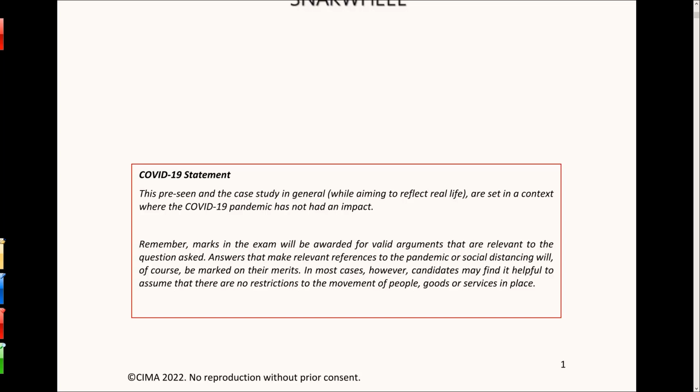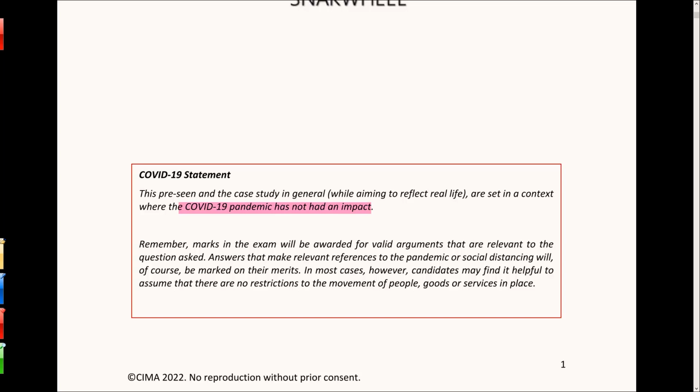But what CIMA really want to get across here is that this pre-seen and the exams are set in a context where this pandemic has not had an impact. So you shouldn't go into this exam assuming that the pandemic, as it has happened to us, has happened in the fiction of this pre-seen world. Assume that it hasn't happened is the advice I would give.